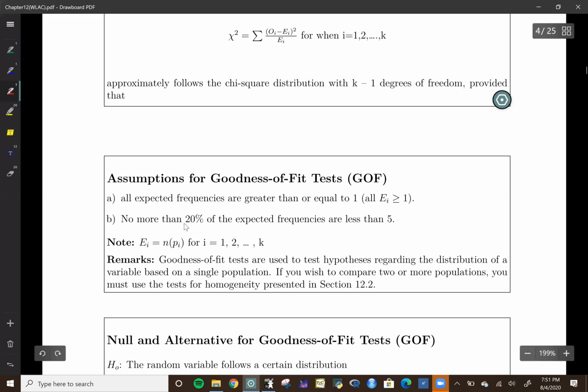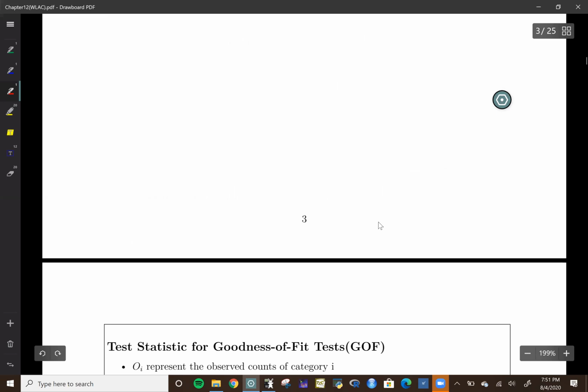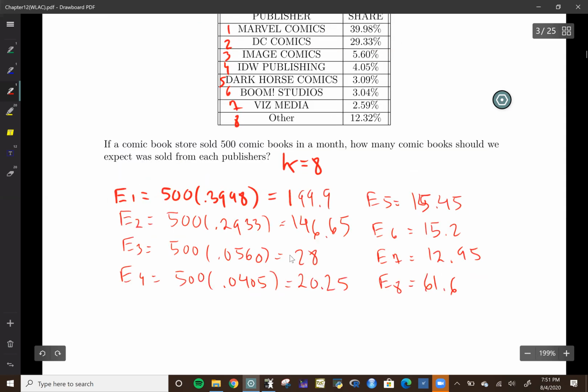Part B says no more than 20% of the expected frequencies are less than 5. If you go back to what we did, all of these expected values are greater than 5. So in this one, that would check out, because all of my expected values are greater than or equal to 1, and we don't have more than 20% of our data set that's less than 5.